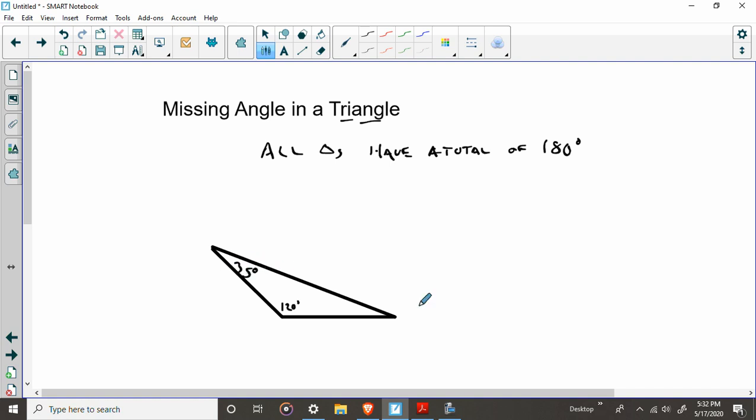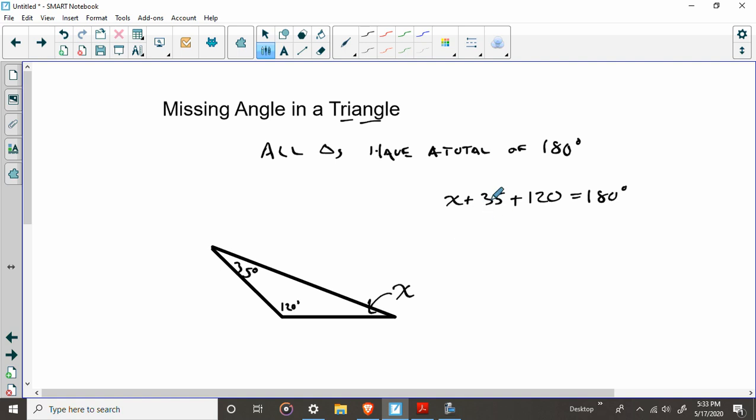Well, by process of elimination, since you only have three angles and one missing one, you can create an equation. We'll call this angle x, what we're trying to find. You can say that x plus 35 plus 120, all three angles together, has to equal 180 degrees.